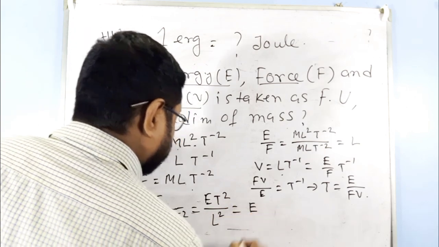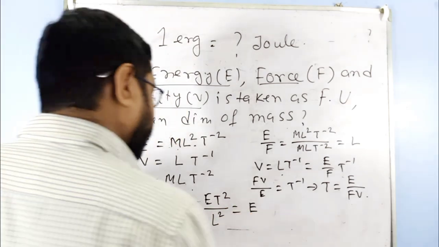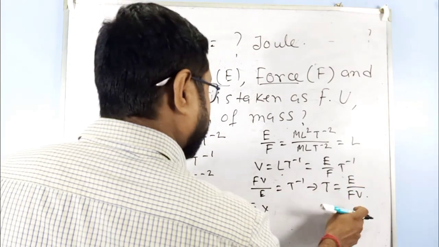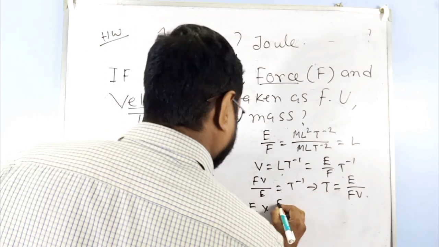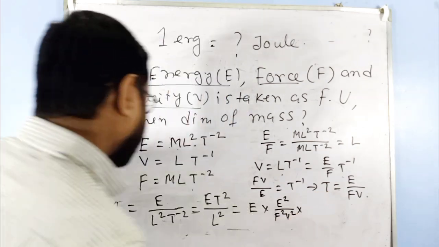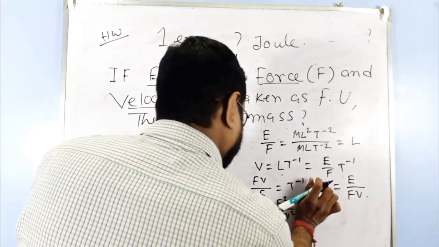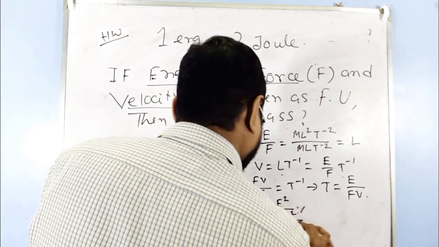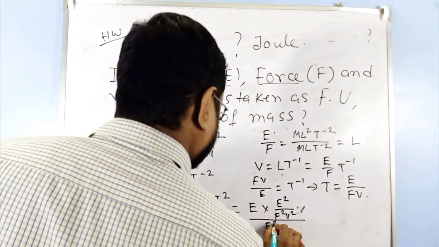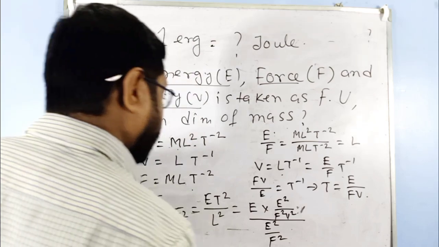Now E is a fundamental quantity, so we write it as E. T², what is the dimension of T? We get E by Fv, that is E² by F²V², divided by L², which is E² by F².